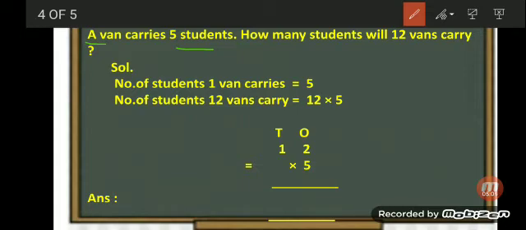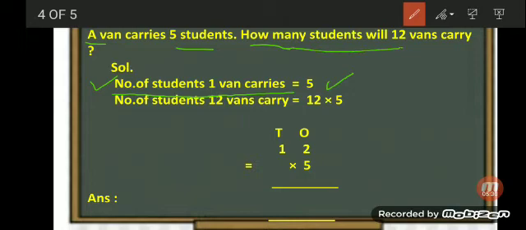So when we start making the statement, we make it as the first statement, that is, number of students one van carries is equal to how many students? That is 5 students. That means one van can carry 5 students. Now read the other part of the question.